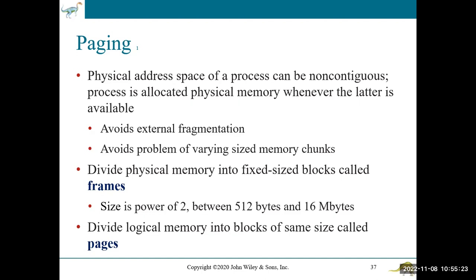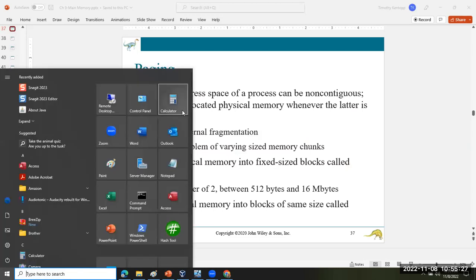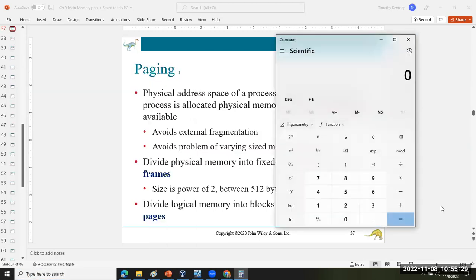Okay. So just for giggles, a megabyte is 1024 kilobytes. So if I have 16 megabytes times 1024, I get 16,384. But my smallest unit of measure for physical frames could be as small as 512 bytes.